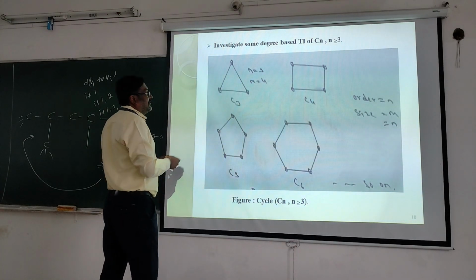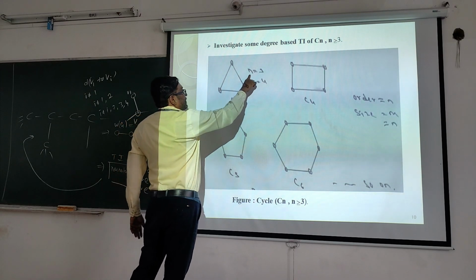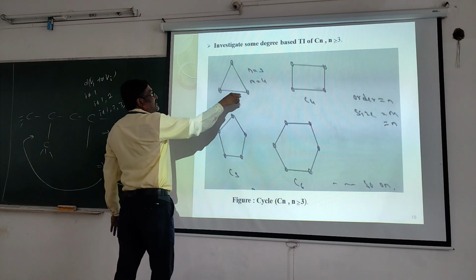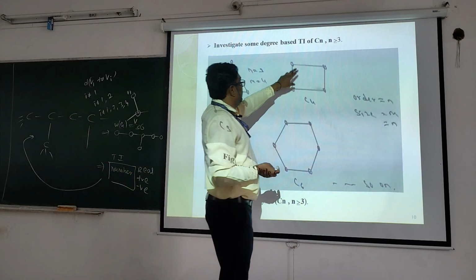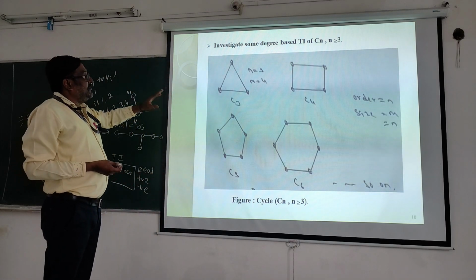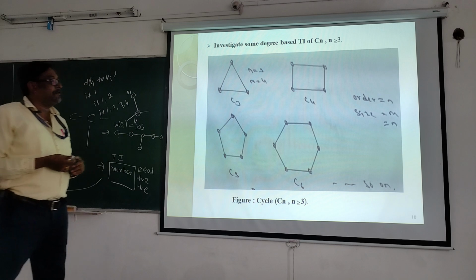This is the cycle graph where the number of vertices is 3, so I have written n equal to 3. The number of vertices and number of edges are written, and in general this can be obtained by writing the general formula for the next step.